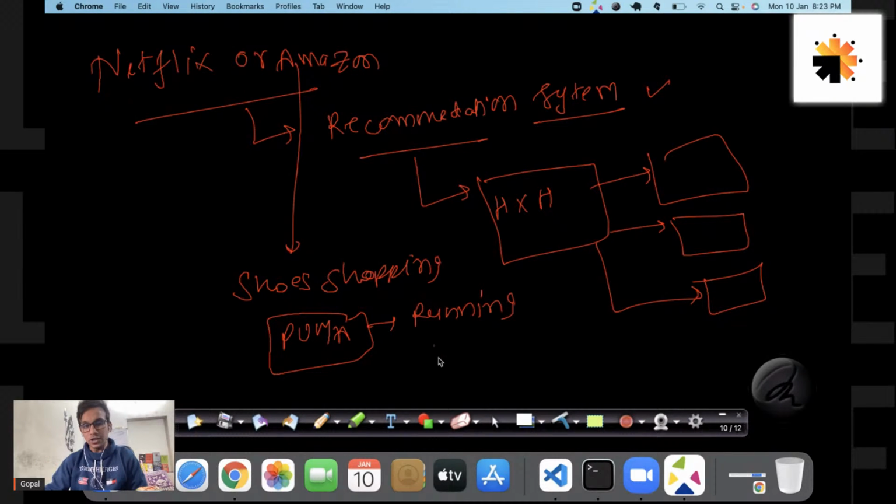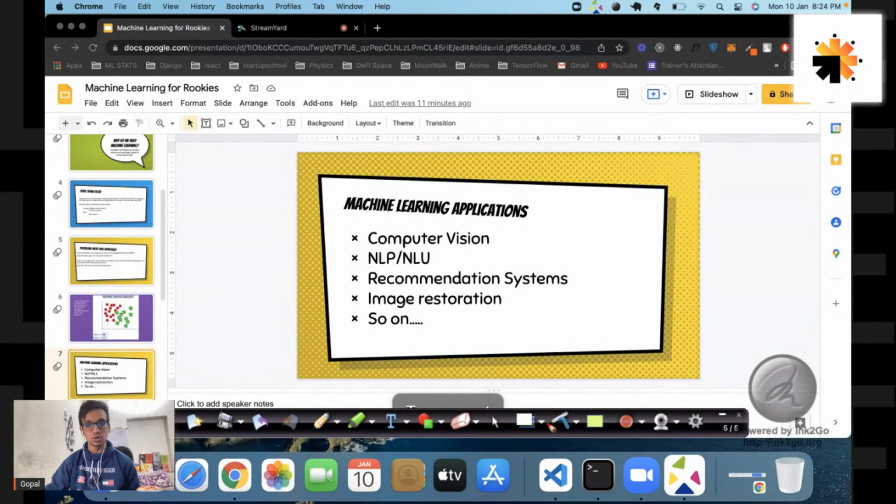Now when you see one shoe, there will be another 5 or 10 recommendations, in the category of running shoes. How exactly is it happening? That is how your machine learning systems are now capable of doing it, super intelligent.